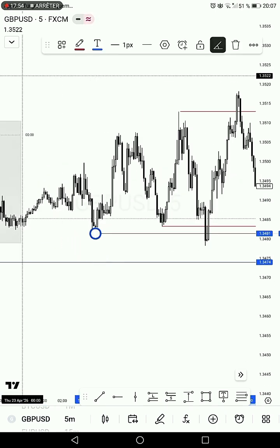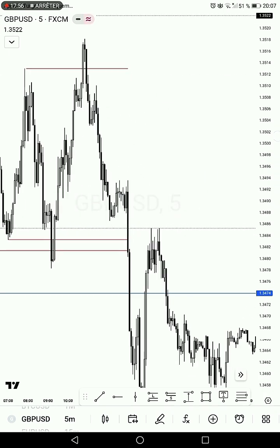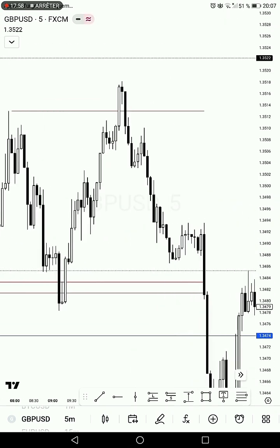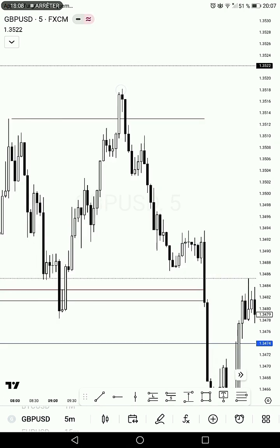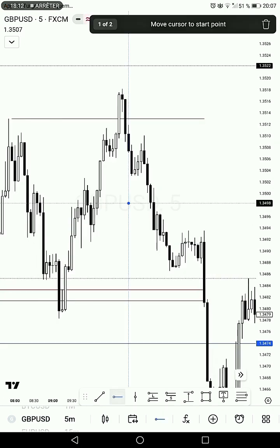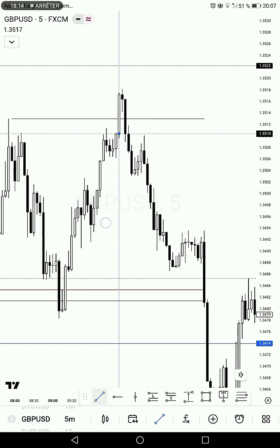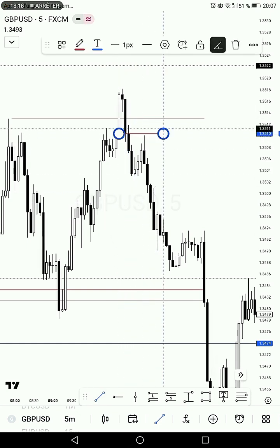And observe here carefully, we also have a nice order block. If you can't position yourself at this peak top right here, at this turtle soup right here, then you can position yourself at the order block. And here is our order block right here, and you enter your trade from there.